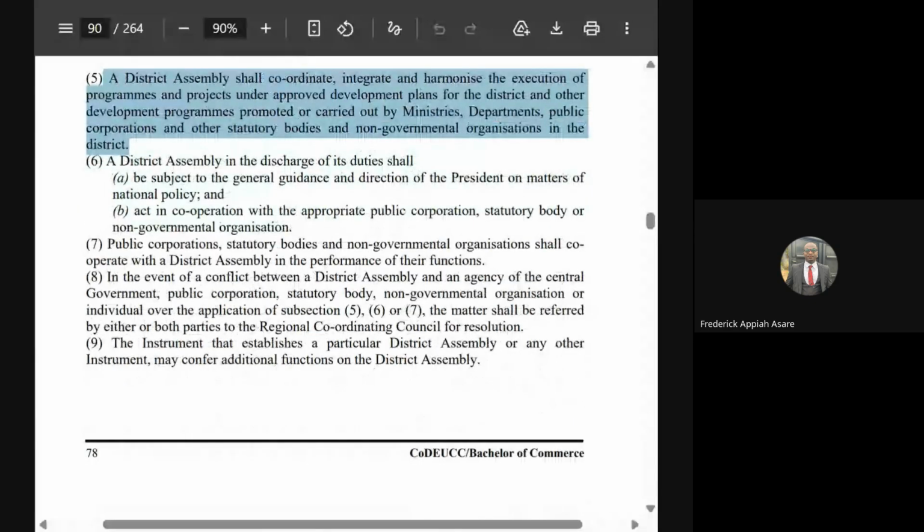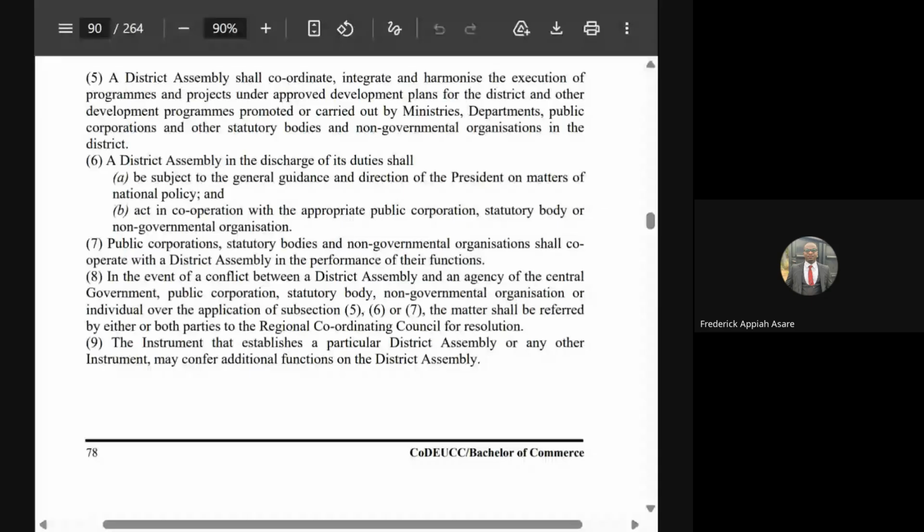So these are also roles or the functions of the district assembly. And also, a district assembly in discharge of its duty shall be subject to the general guidance and direction of the president on matters of national policy. So in as much as they have these roles, anytime they are executing them, they have to make sure that they stick to the direction and patterns of the president.